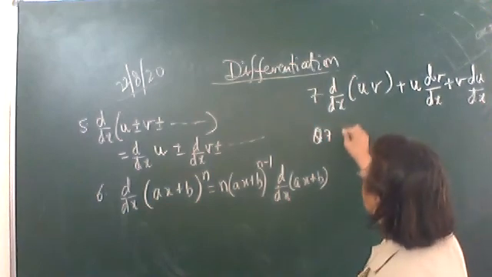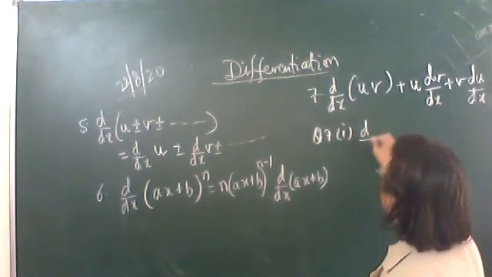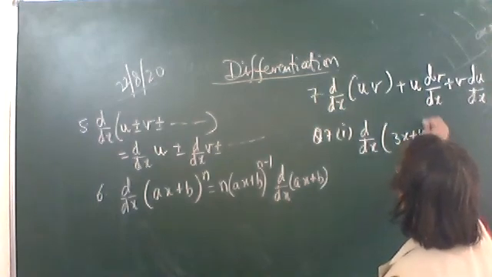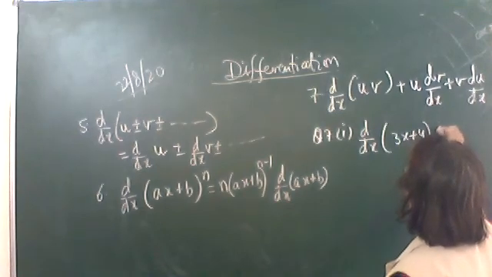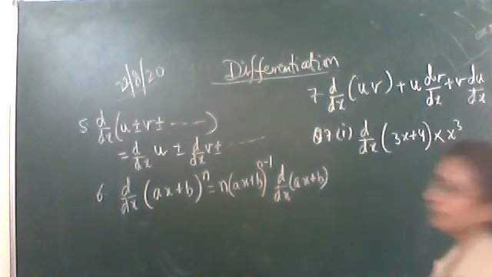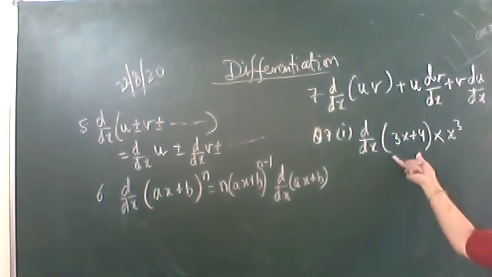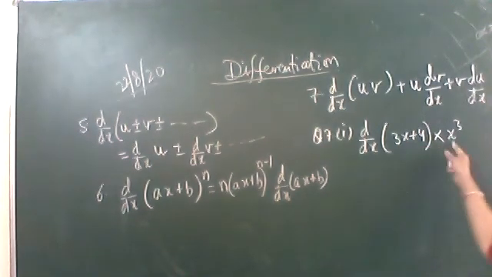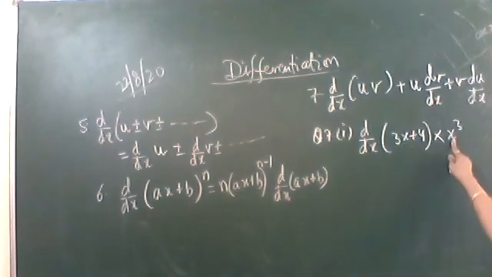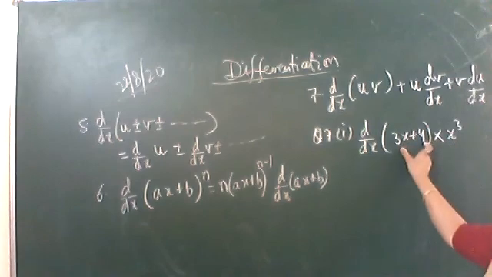Let's do two questions based on it. D by dx of (3x plus 4) multiplied by x cube. You can multiply here and then also solve, but use the formula u into v. 3x plus 4 is u, v here is x cube.